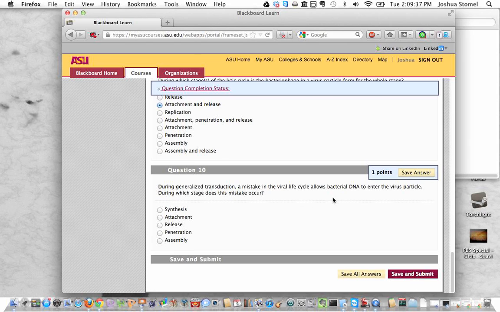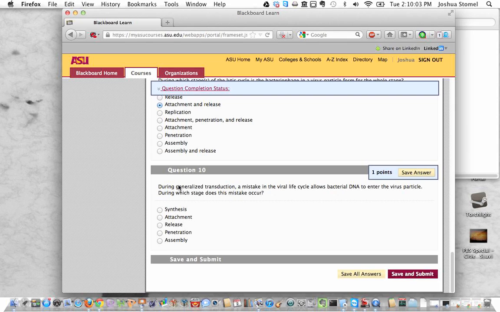Well, if you recall, during generalized transduction, the host cell's genome gets chopped up, and in some of the viruses, accidentally, the host cell DNA is put inside of the virus shell, the capsid, instead of the viral DNA.